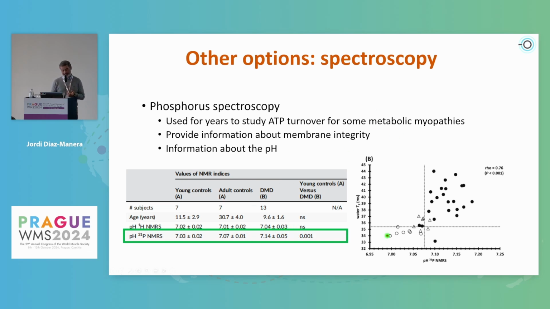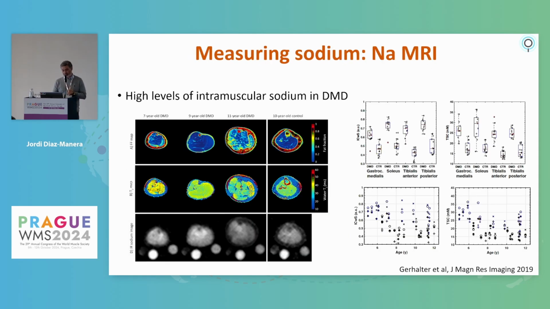And there is this nice study where it shows that the earliest change in Duchenne is a change in the pH, which increases inside the muscle fibers. But not only can we use phosphorus, we can also use sodium, and sodium can give an image of the amount of sodium, and this has been shown to change also very early in the progression of our patients.